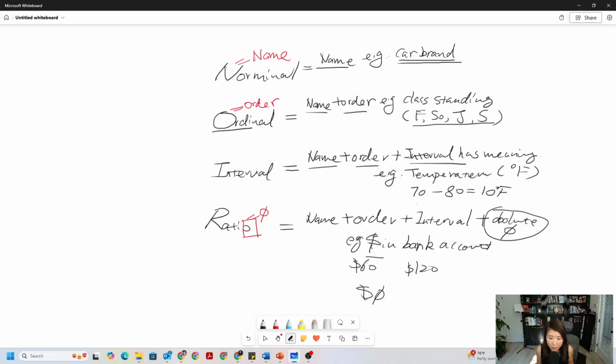However, like the example here, the money in the bank account: when the variable value equals 0, that really means the variable does not exist, right? So the money in the bank account equal to 0 means you don't have any money. Therefore, for the money in the bank account, we have to use a ratio scale measurement to measure it instead of interval.